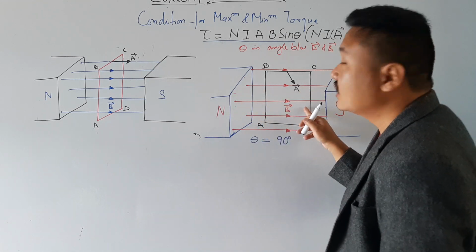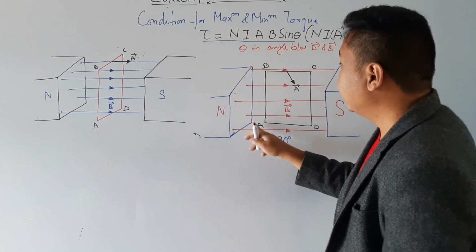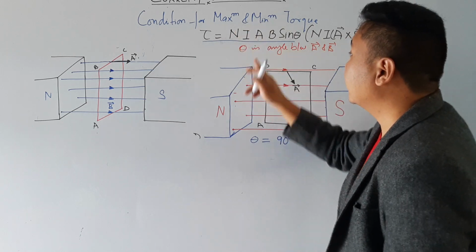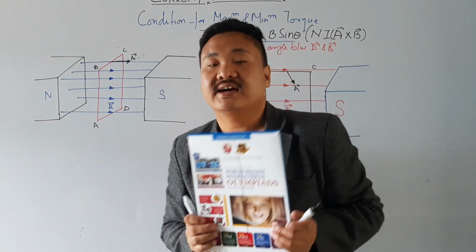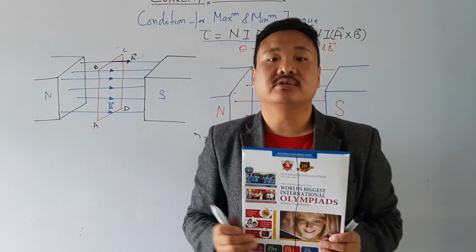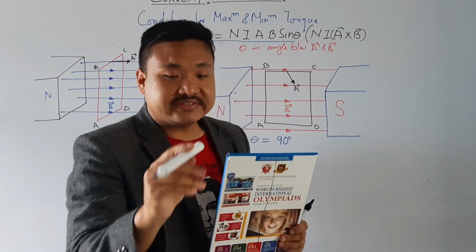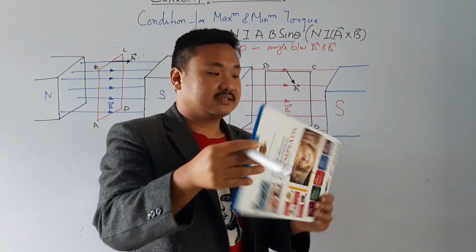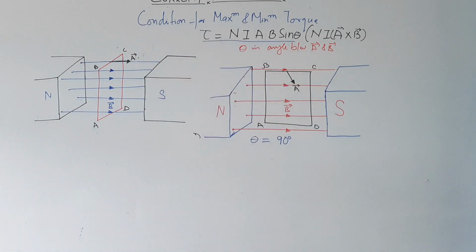Now I have placed a rectangular coil of n number of turns A, B, C, D, in which current I is flowing, and A is my area vector. So we know that area vector is always perpendicular to the plane of the coil. So this represents my area vector, okay, like this.